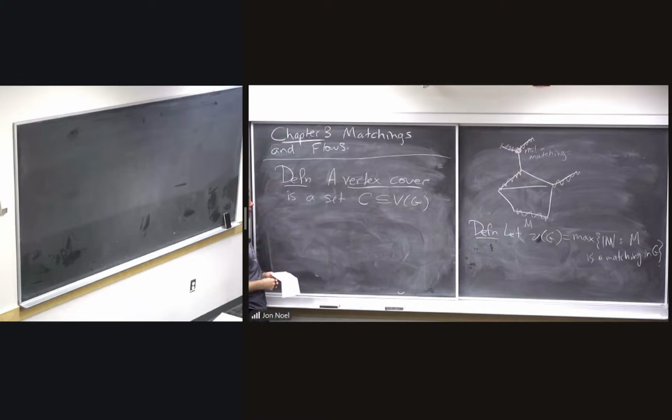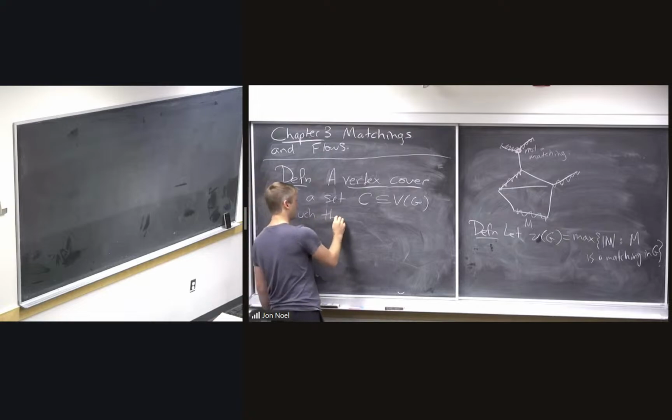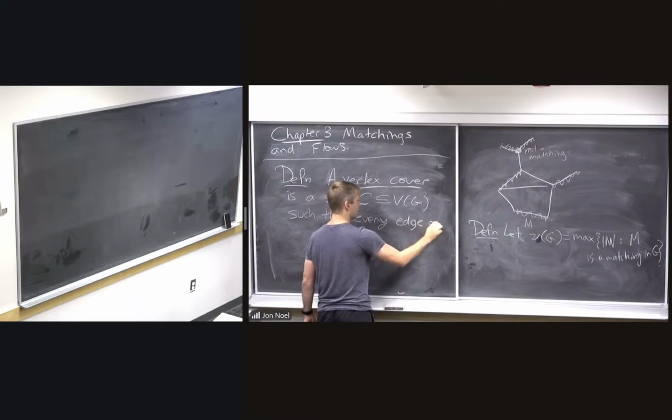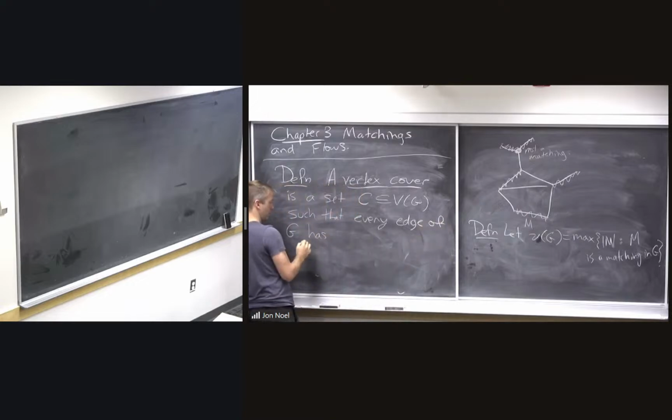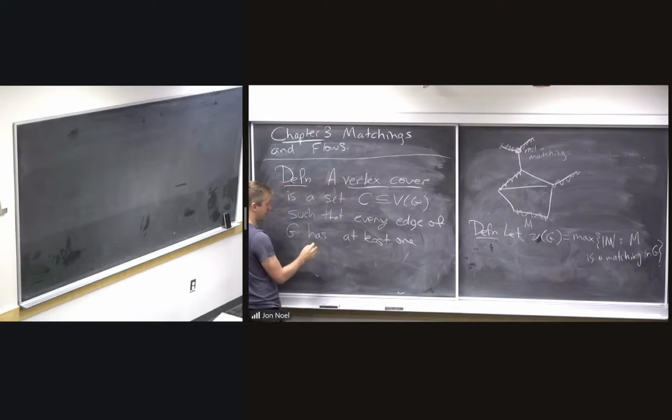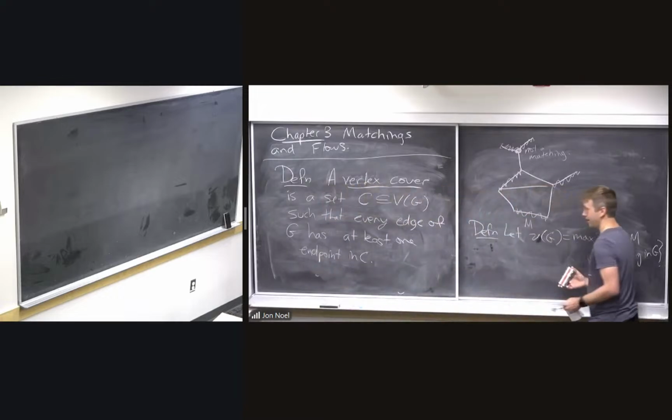It's a set of vertices such that every edge of G has at least one endpoint in C. Another interesting problem is to compute the size of the smallest vertex cover.